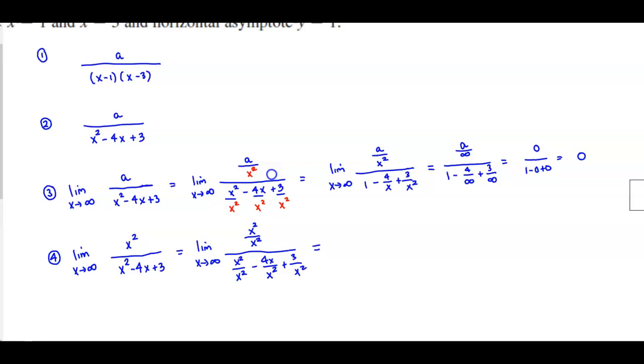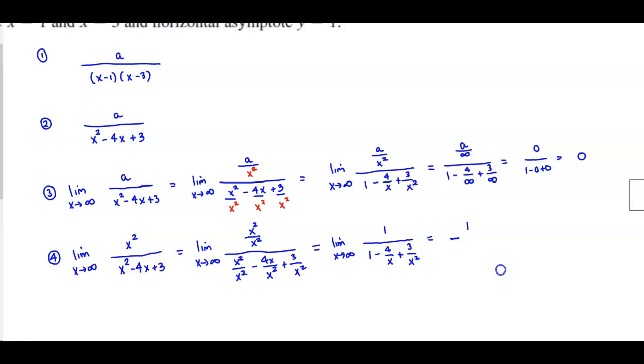Okay, so now if we simplify, we get x squared divided by x squared, which is 1. In the denominator, we get 1 minus 4 over x plus 3 over x squared. And let me make sure that we put that limit in front of there. So as the limit as x is approaching infinity, and now let's go ahead and apply the limit.